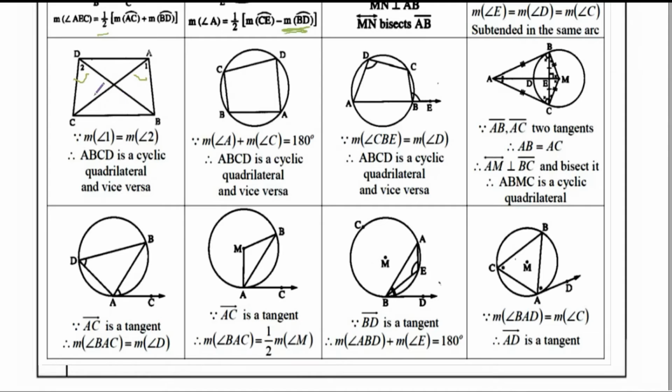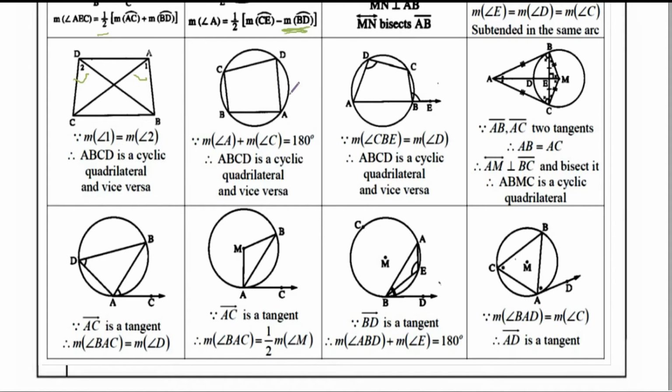What is the relation between the two angles? Yes, they are equal in measure. Since the measure of the angle 1 equals the measure of the angle 2 and they are drawn on the same base BC and also on one side of the common base, ABCD is a cyclic quad and vice versa.